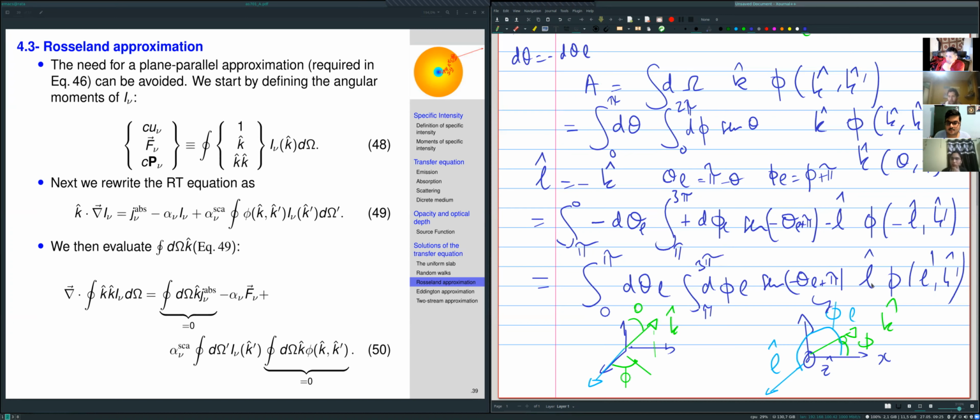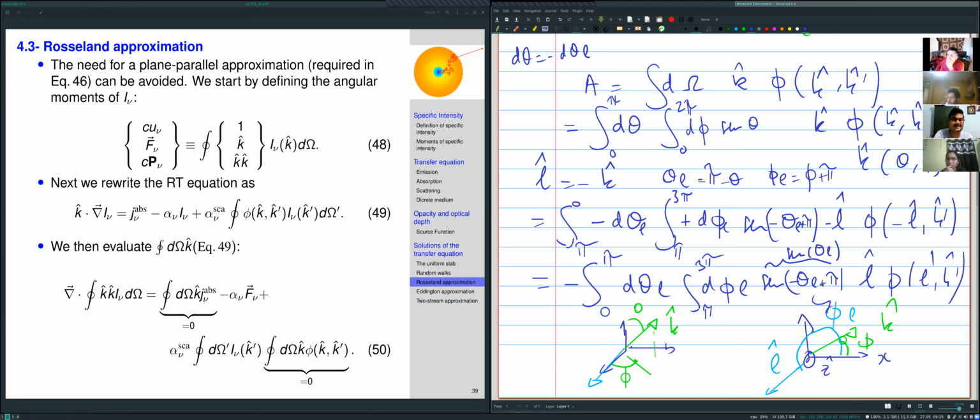Well, okay, so we have a minus here, and this still goes there. Then we have that the sine of theta is the same as sine of pi minus theta, I think. This is the same as sine theta L.